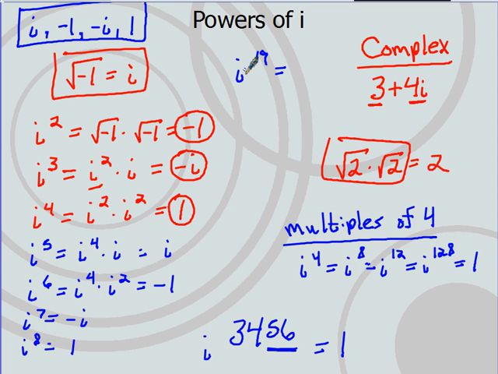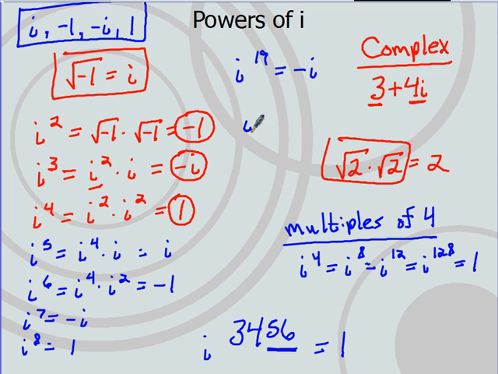No. But give me a multiple of 4 really close to 19. Either one. 20. Everybody good with that? i to the 20th power. Now, any multiple of 4 is right here. Here's i to the 20th power. So what's i to the 19th power? Right below it. Negative 1, or negative i, excuse me.